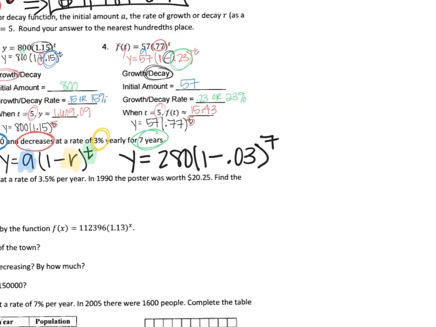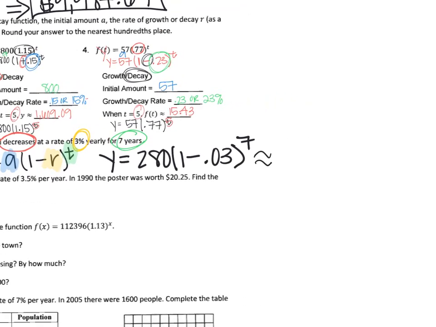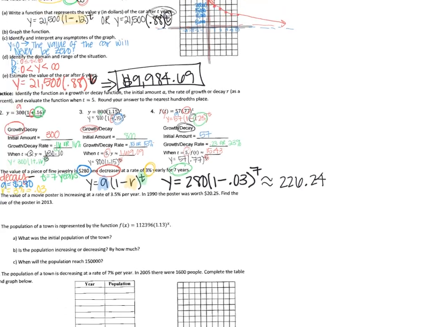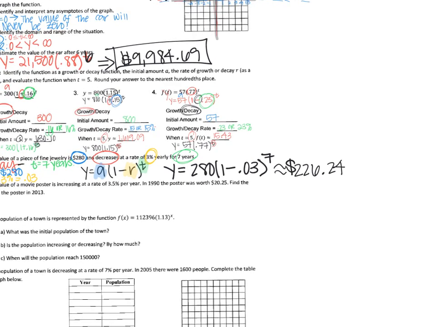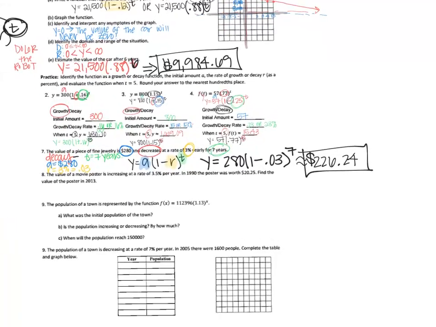And when you plug this into Desmos, you get 226.24-ish. I'm rounding to the nearest hundredth again because this is moolah. So in 7 years, it's going to have a price of $226.24.